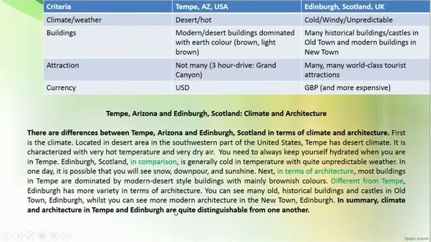How can I have quite distinguishable? After I explain all the differences. They are different. The weathers are different. The buildings and architecture are very different. That's why I can say they are quite distinguishable from one another.